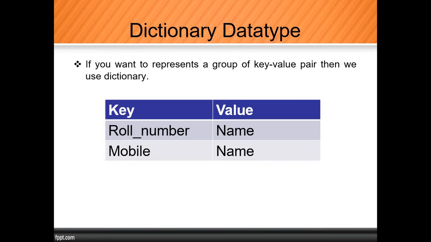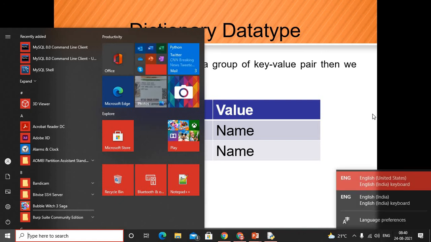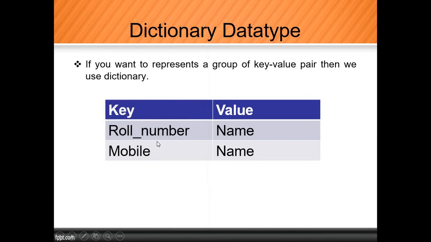Okay, so how will we create the dictionary? A dictionary will be created by using the dict function. Inside that we need to use dict, D-I-C-T, and round brackets, and we need to pass the key as well as the value. It also supports heterogeneous values, make a note of that. There is no rule for the key. It is not that the key requires only integer values and the value uses heterogeneous values.